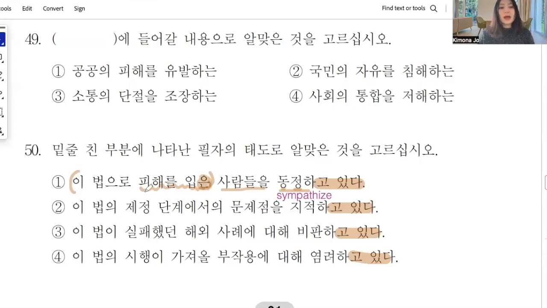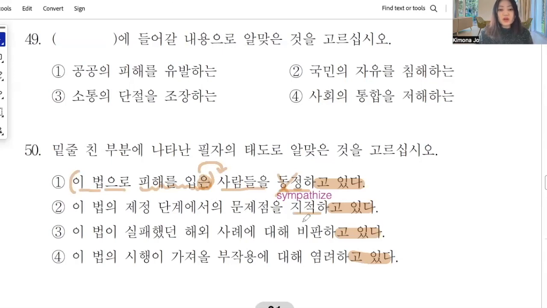People who were victimized through this law. So this parenthesis modifies 사람들. 자, is he sympathizing? No, he's not sympathizing. Who can be so confident? Say it doesn't lead to the unhappiness. 이렇게 말했죠? It's not the sympathizing.